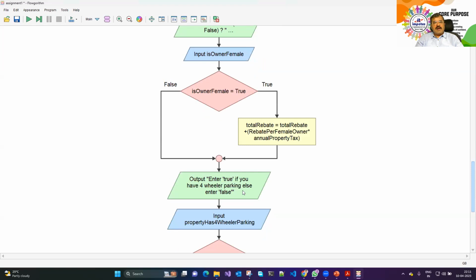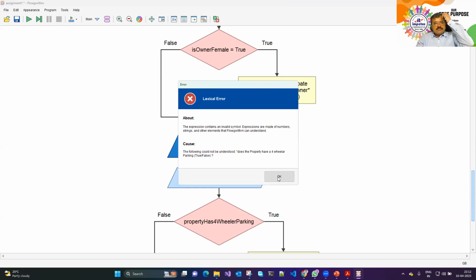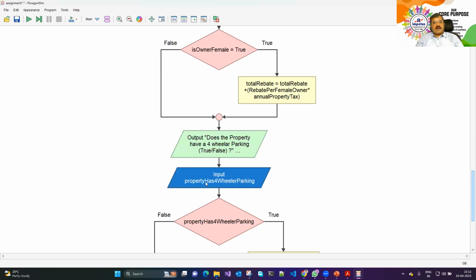Plus total rebate. Double quotes and property has four-wheeler parking.